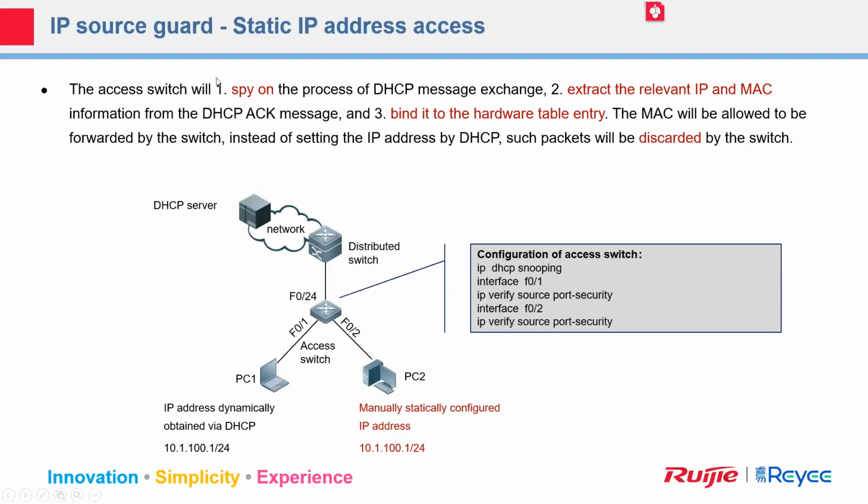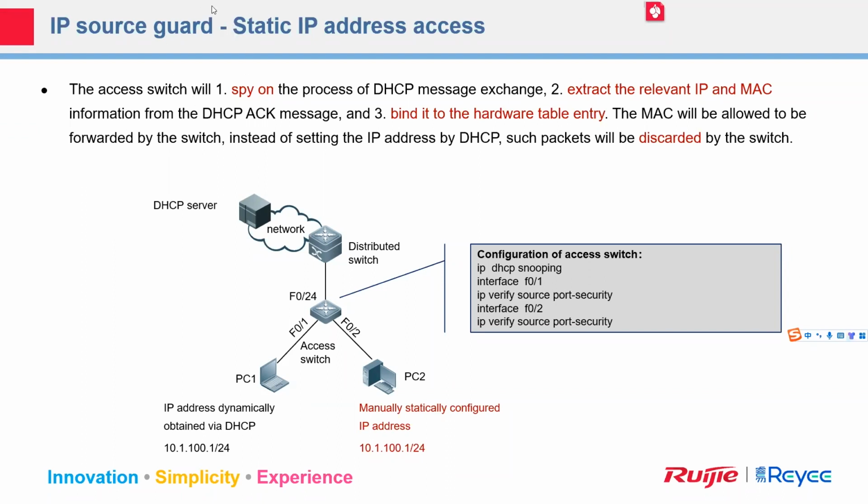The first one, we can use IP source guard to solve the static IP address access problem. What does it mean? Let's say in this topology, we have PC1 and PC2. PC2 uses a manual way to configure the IP address 10.100.1.x/24. And PC1 uses DHCP, and also gets the same IP address.